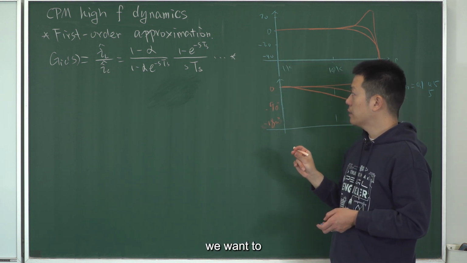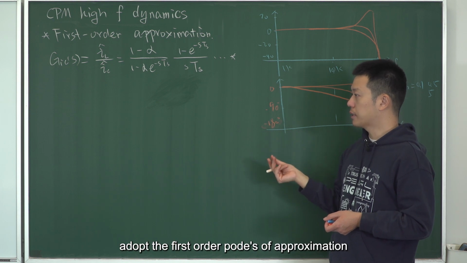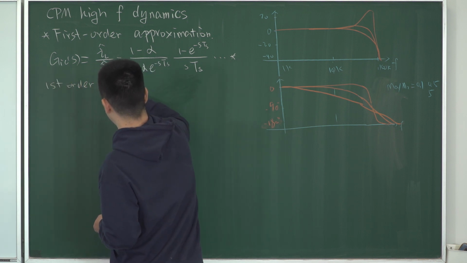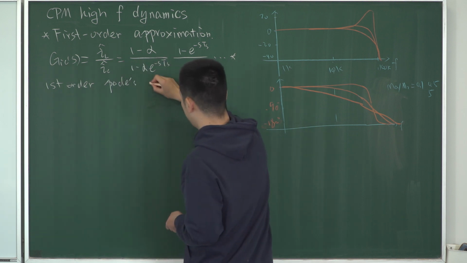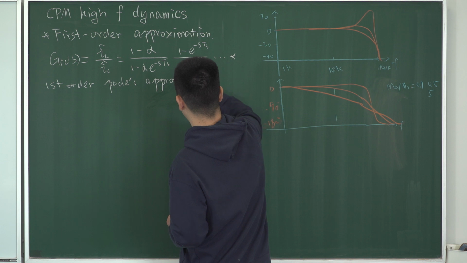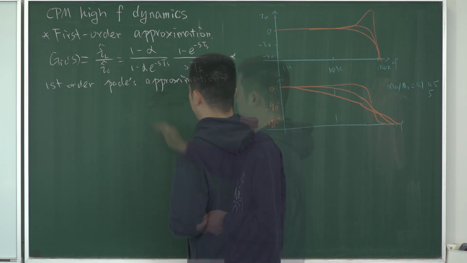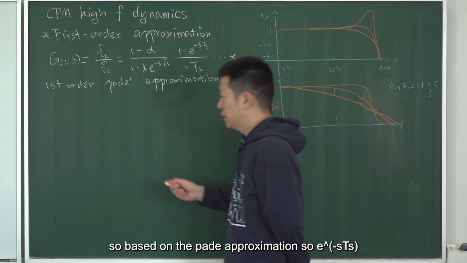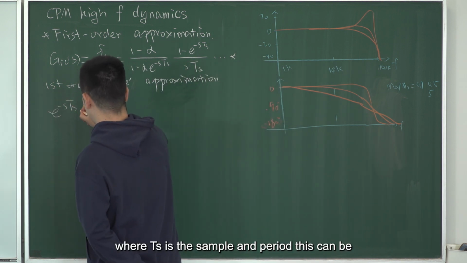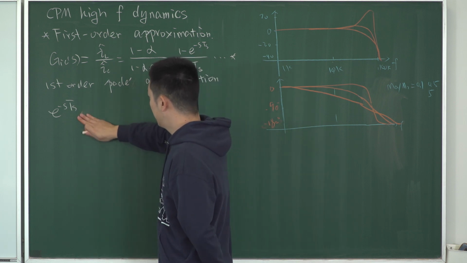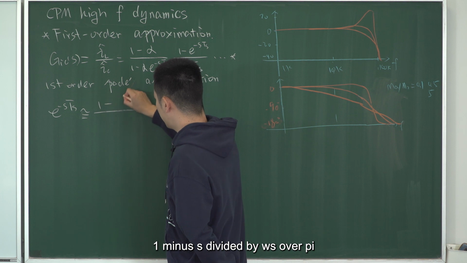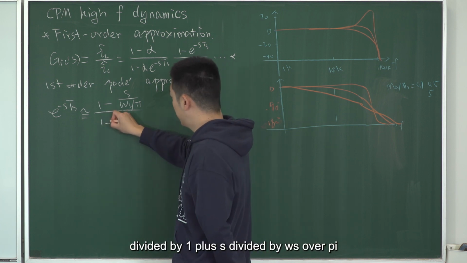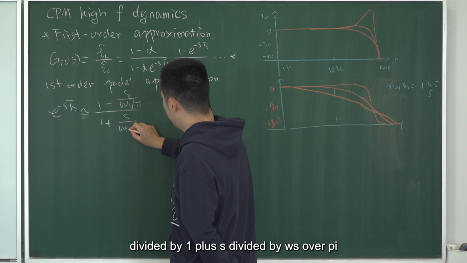Here, we want to adopt the first order Padé approximation. Based on the Padé approximation, e^(-sTs), where Ts is the sampling period, can be approximately equal to (1 minus s divided by (omega s over pi)) divided by (1 plus s over (omega s divided by pi)).